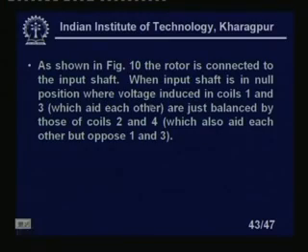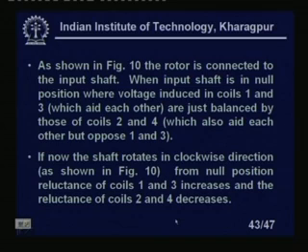This is a balance condition. That means, as I told you at the beginning of this microsyn, the voltage induced in the coils 1 and 3 will be exactly balanced by those of the coils 2 and 4.